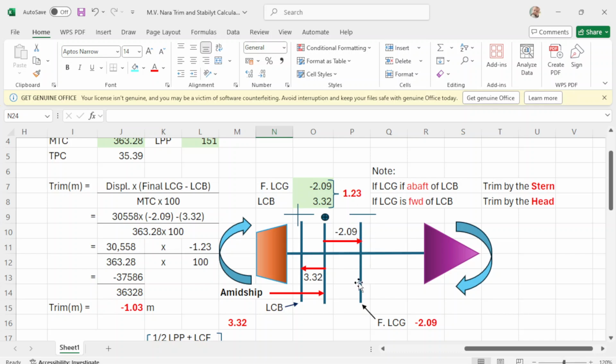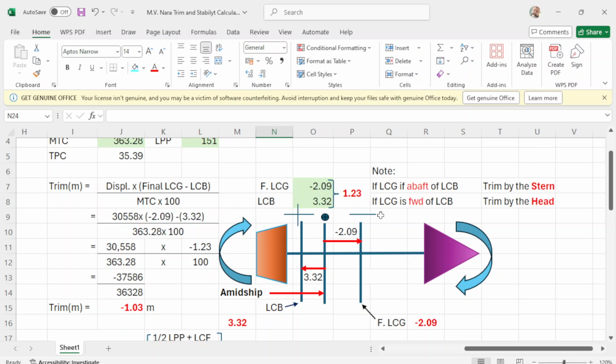Because of the gravity of the weight acting from the LCG, the tendency of the forward part of the vessel is to go down and sink. While the LCB, the buoyancy, pushes the vessel upward, so you will have a clockwise direction. The stern of the vessel will go up, you will have less drop here, and the forward part will go down, so you will have more drop here.